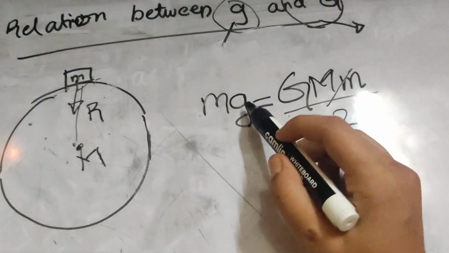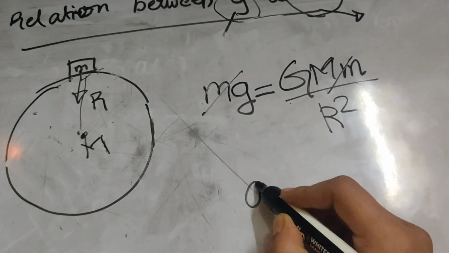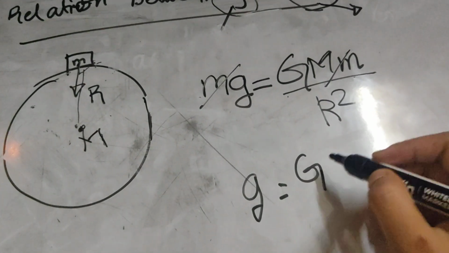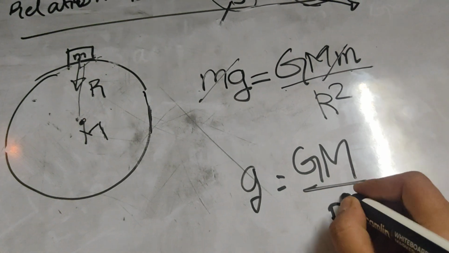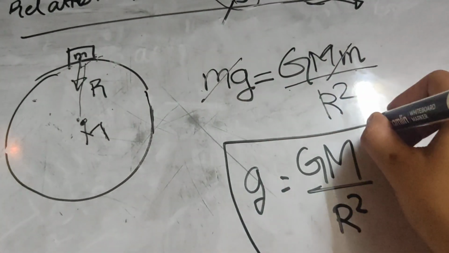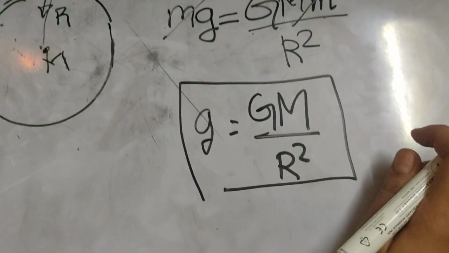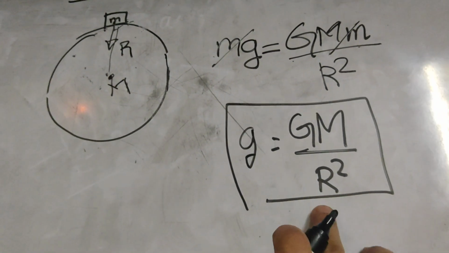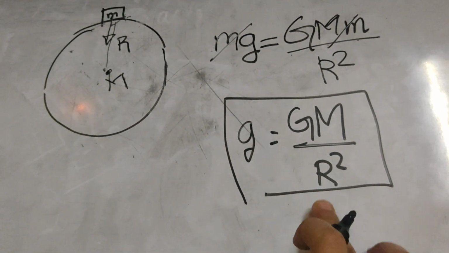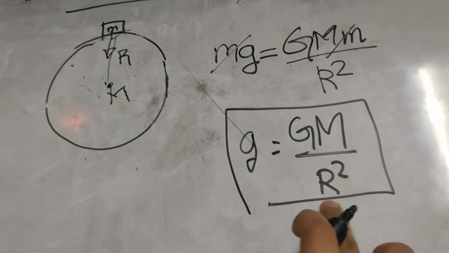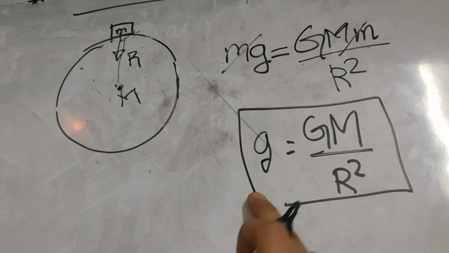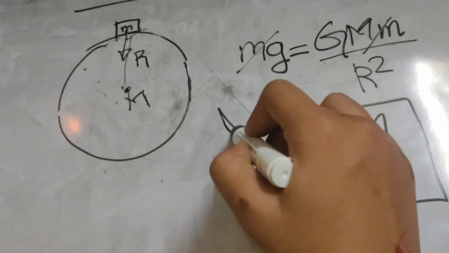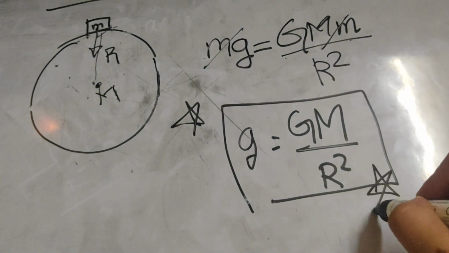When small m gets cancelled, small g is equal to capital G into mass of the Earth upon radius of the Earth square. Sometimes this may be the distance, sometimes it may be the radius, so you need to consider from case to case. So this is the relation between small g and capital G. This should be on your tips. It is very important.